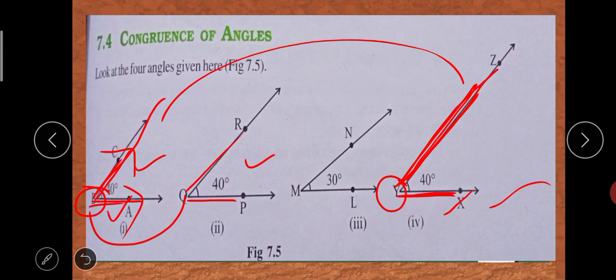Even this PQR also shows 40 degrees. That means angle ABC is congruent to PQR and is also congruent to XYZ. Only LMN is not congruent because the measurement of LMN is 30 degrees. Understood? If two angles have the same measure, then they are congruent. If any two angles are congruent, then their measures are the same. Understood? Next.